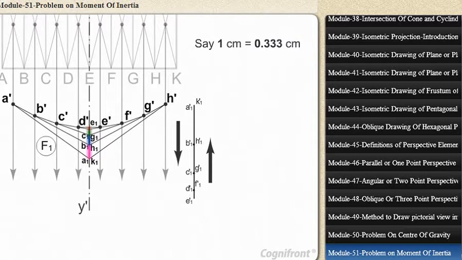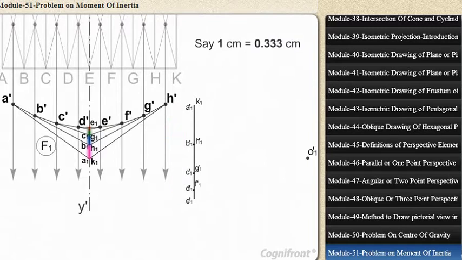Thus, the intercepts from A-1 to E-1 coincide with those from K-1 to E-1. Note that according to the selected scale, length A-1E-1 is 3 times the length A1E1.